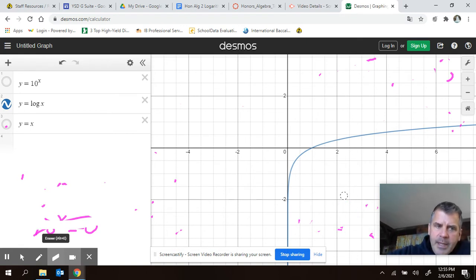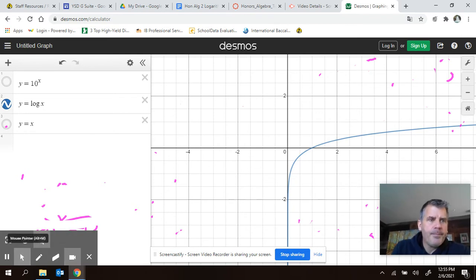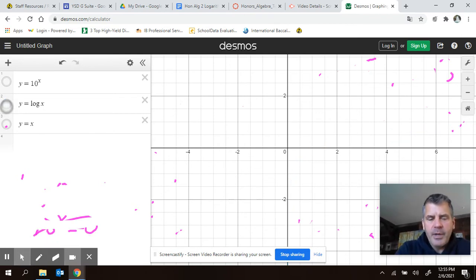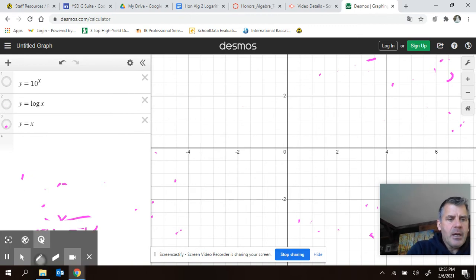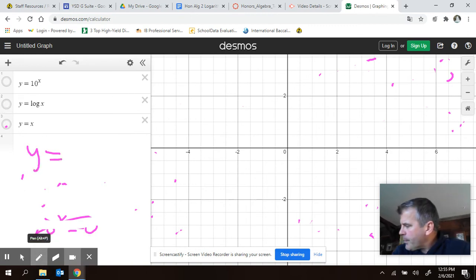Okay, this is going to be a mess, but you get the idea. All right. So in the book, they're going to ask you something like this. Hey, graph the function y is equal to log base 6, I believe, of x.